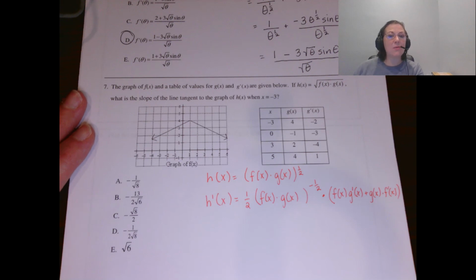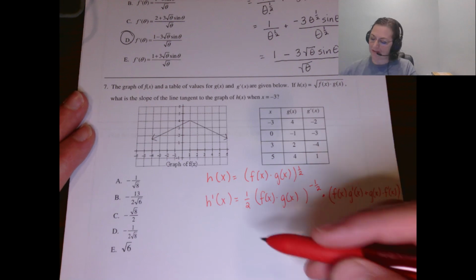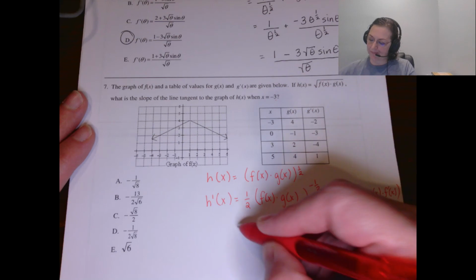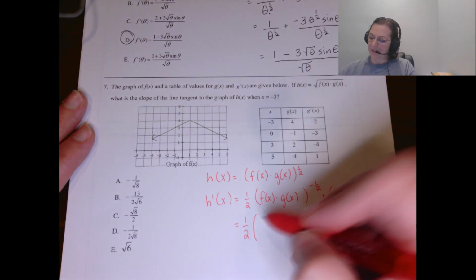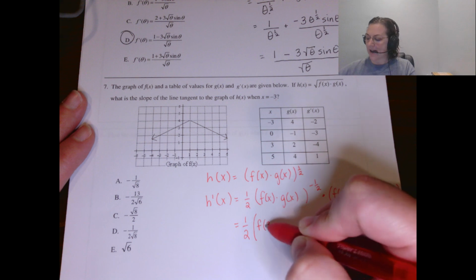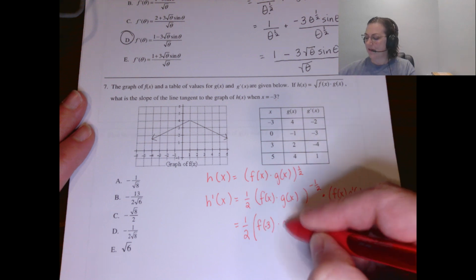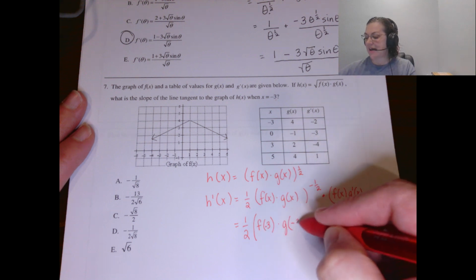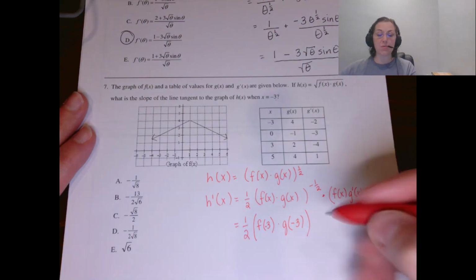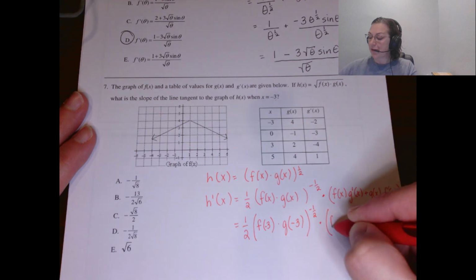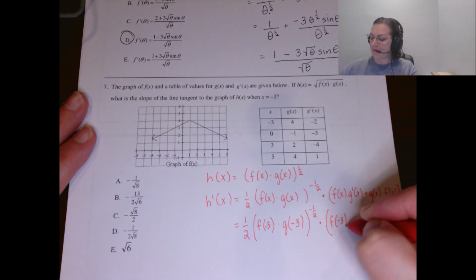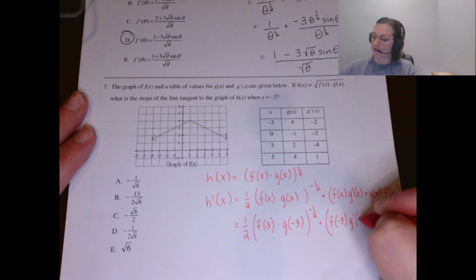And now we are going to find all of these values at -3. Okay, so when we look at the graph of f, we have to realize that if we're asked for a value of f, then we're just looking for what is the y value. But if we're looking for f prime, then we are looking for the slope.